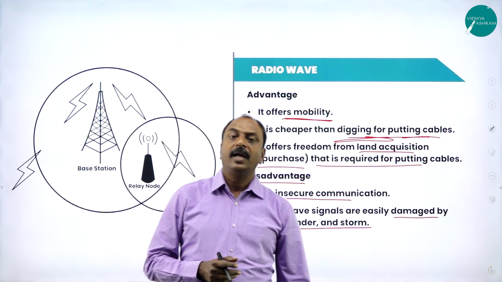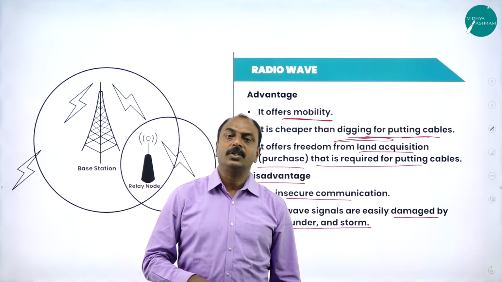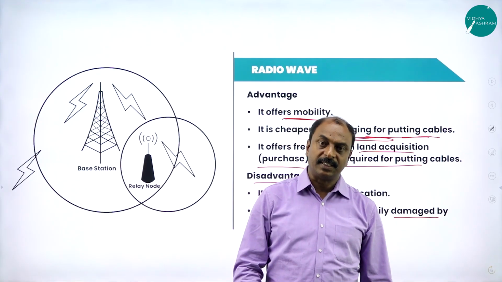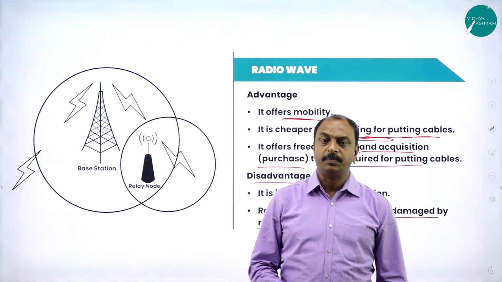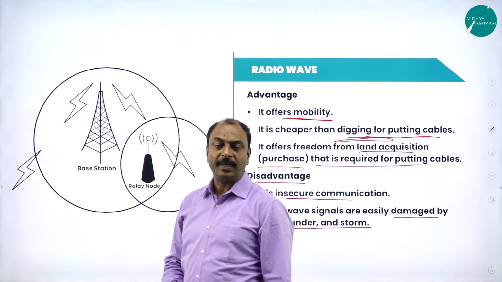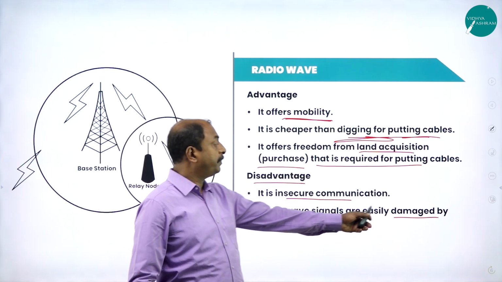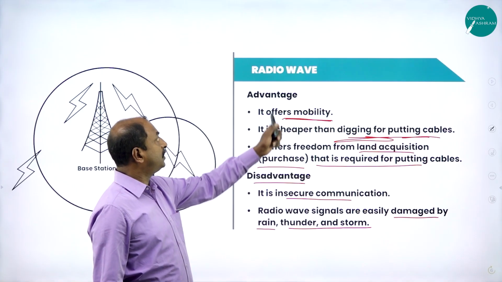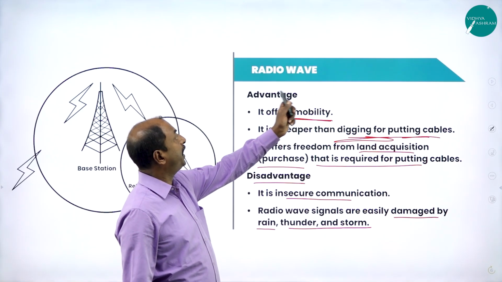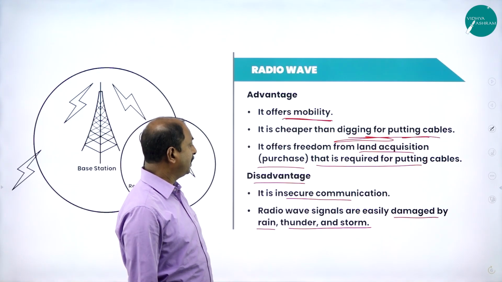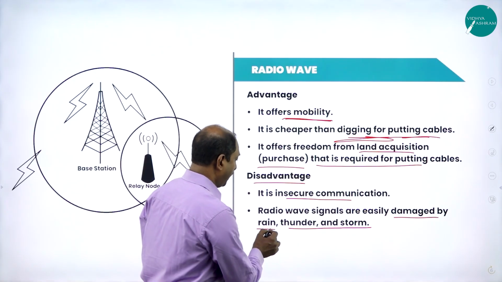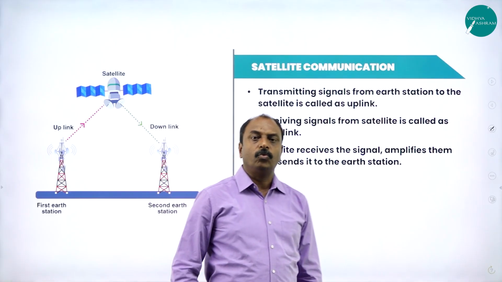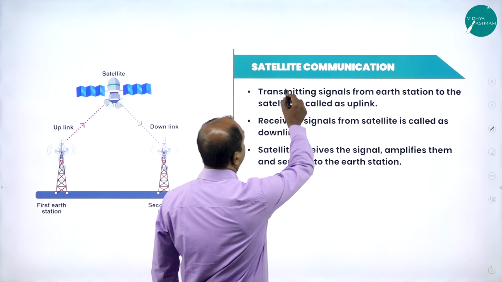If the weather condition is not good, if it's rainy or cloudy, the signals may not be transmitted to the receiver properly. Then there might be a disturbance in data communication. So this is one of the drawbacks of wireless or radio wave communication, because it is damaged by rain, thunder and storm. Next we move on to one more technology, that is satellite communication.